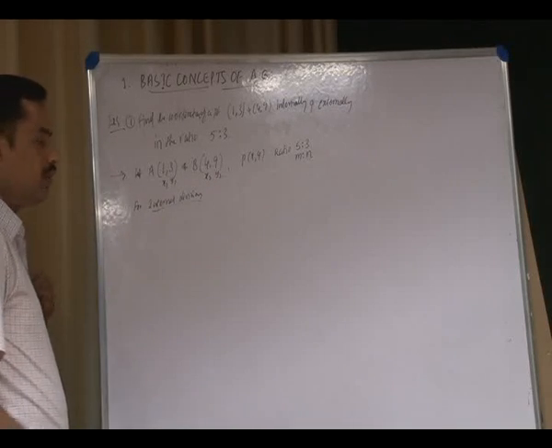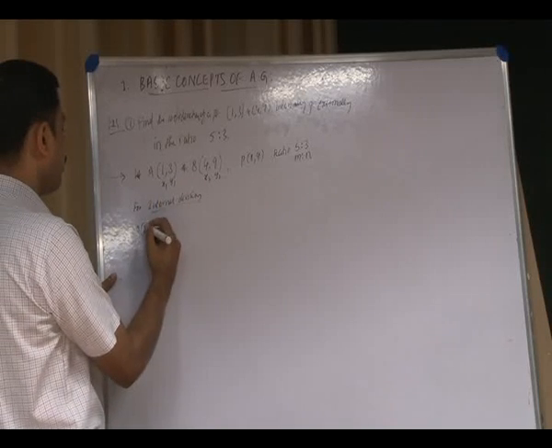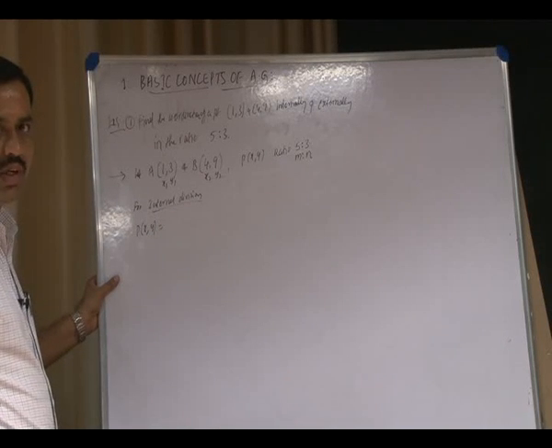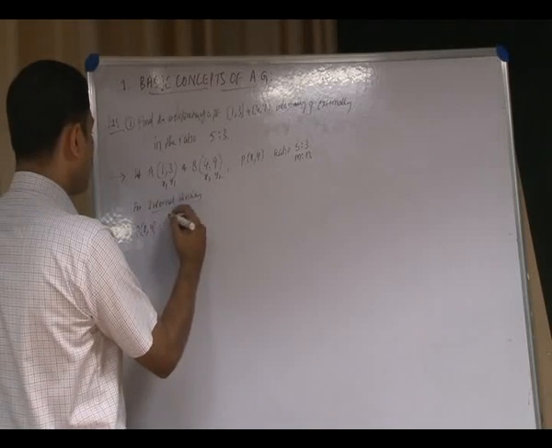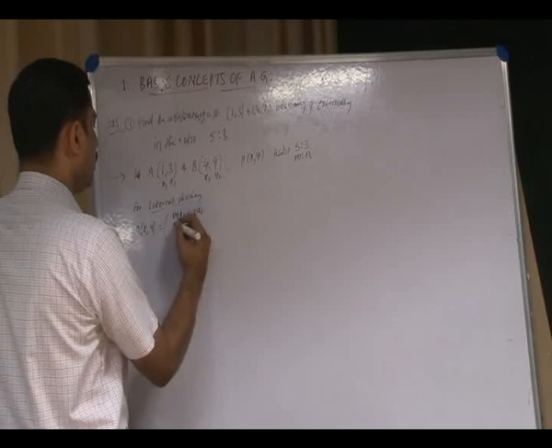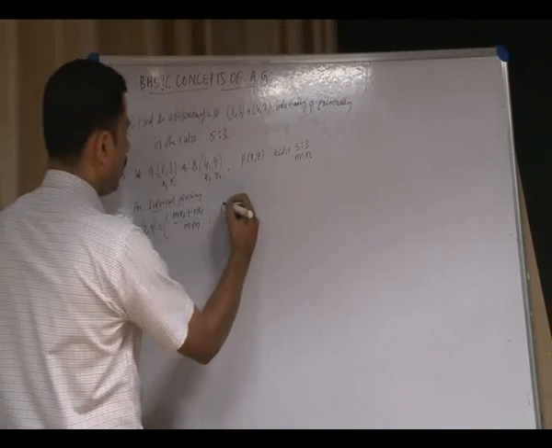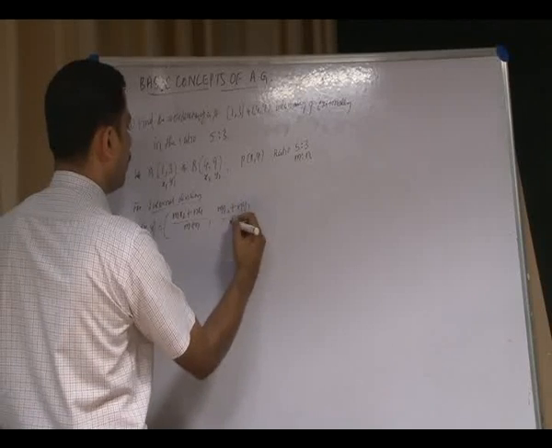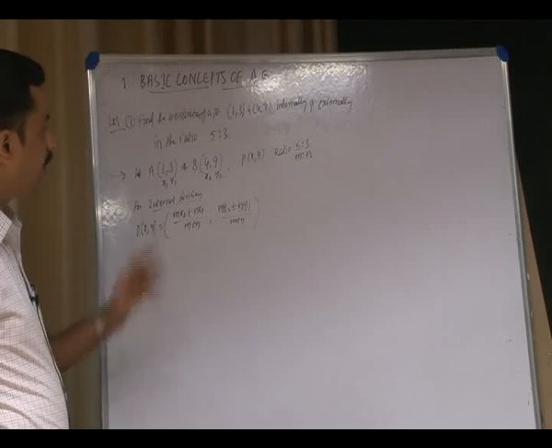For internal division, we know the section formula: the coordinates of any point P (x, y) which divides the line joining two points A (x1, y1) and B (x2, y2) internally in the ratio m:n is given by P (x, y) equal to (m x2 plus n x1) divided by (m plus n) for the x coordinate, and (m y2 plus n y1) divided by (m plus n) for the y coordinate. So, this is the section formula for internal division.